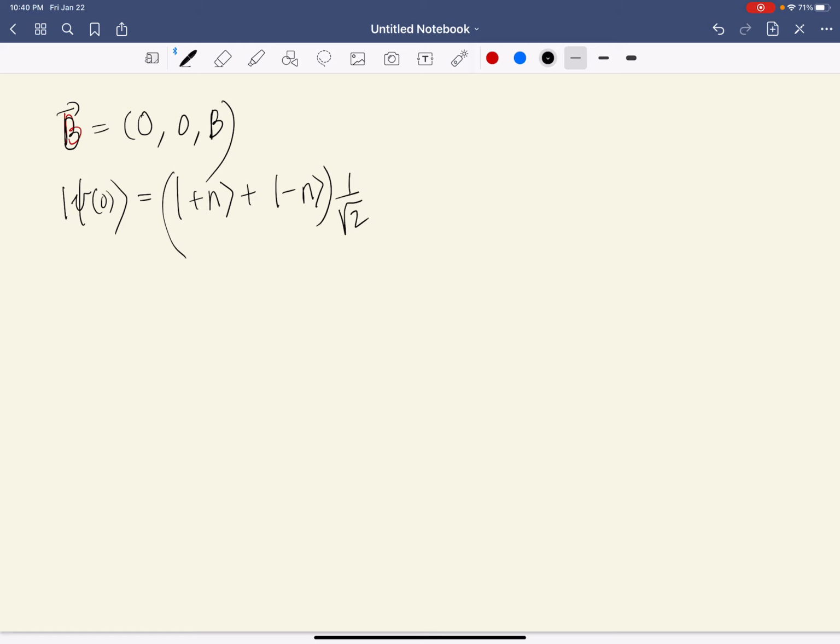So here n means really just the 0, 0, 1 unit vector, and the wave function that represents such a coherent state is actually 1, 0. And you can verify this by explicit calculation yourself.